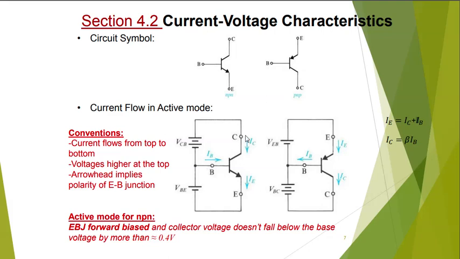So the currents in the collector and emitter are almost equal, with a little difference. That little difference is IB. Just remember one thing: all of these equations are for the active mode.